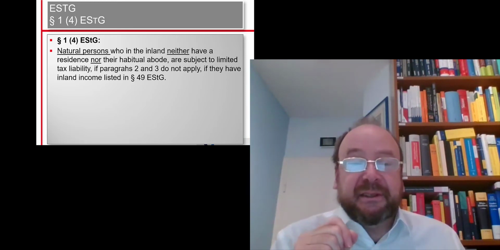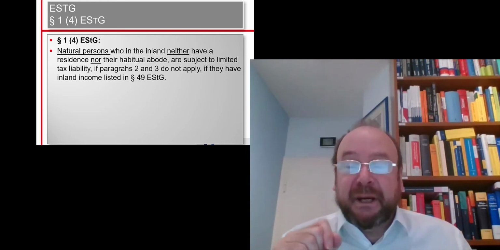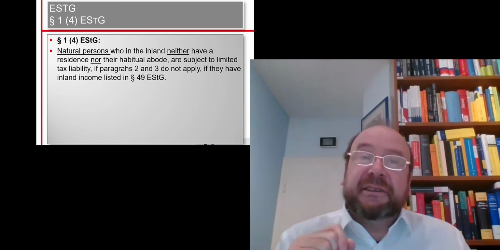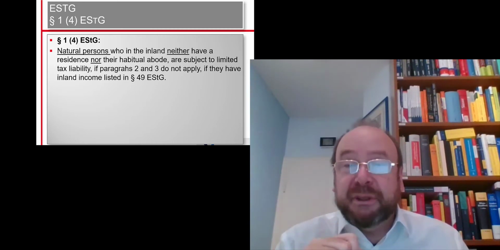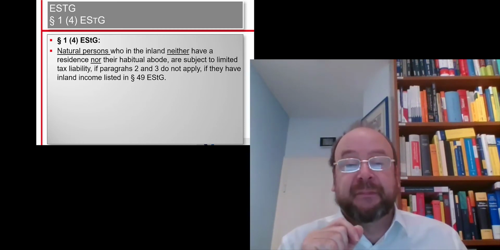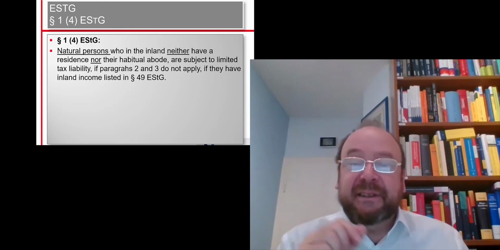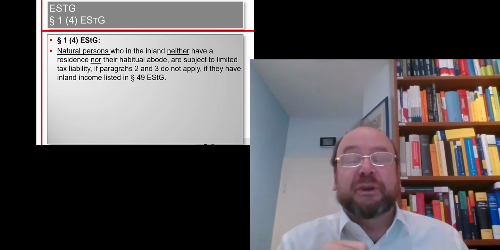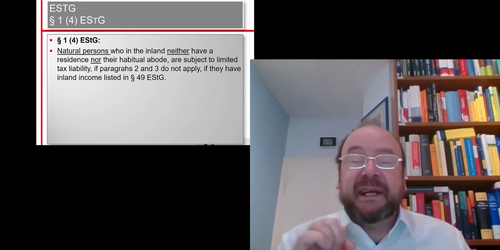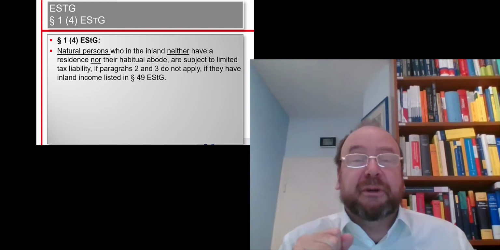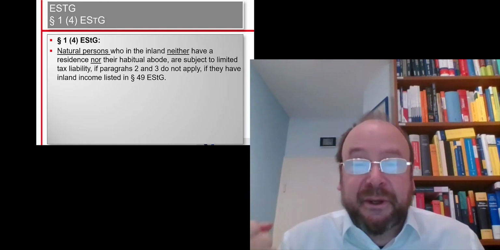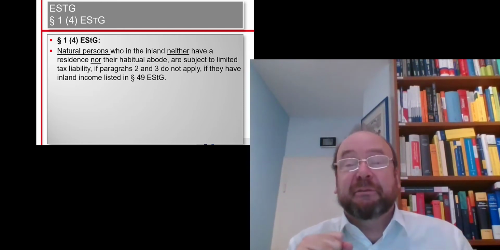Now here you see a nice formalistic element. They are only subjected to limited tax liability if they have income which could be taxable as inland income. So a Chinese living in China and doing things only in China would not be labeled as a limited tax liable person in Germany and not be obliged to hand in a tax return stating I had no income from Germany.